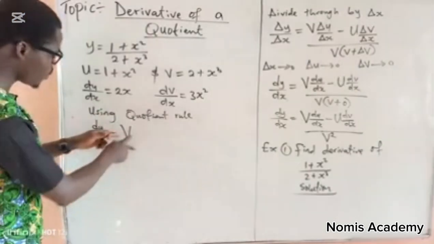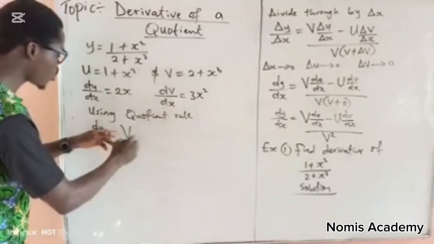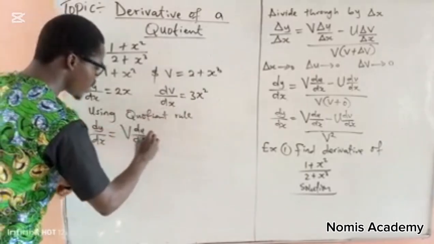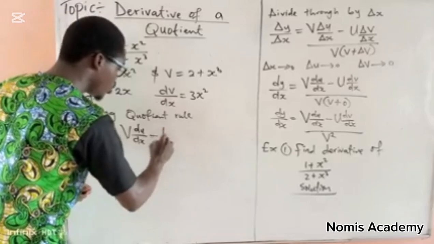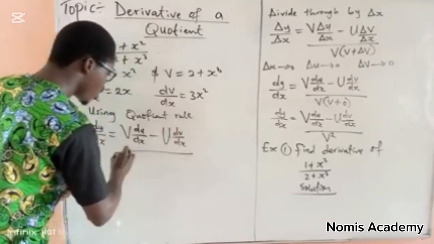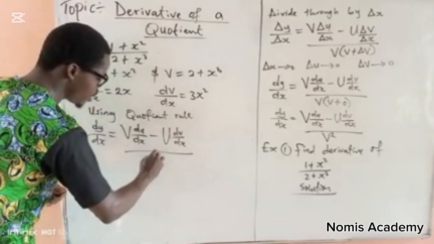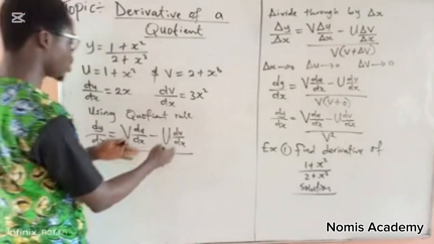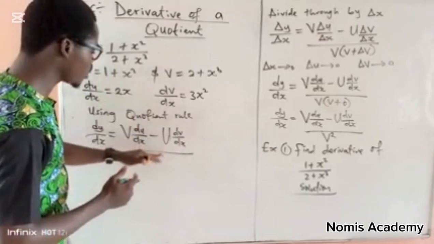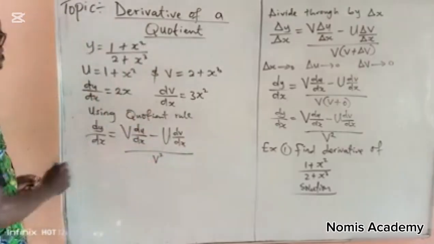But in the quotient rule, v comes before u. So we have v du over dx minus u dv over dx, all divided by v squared. So this was the rule we were able to prove initially, and we are going to use this rule to solve the function.